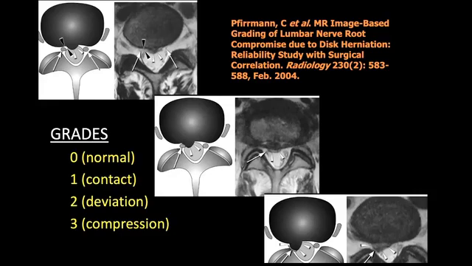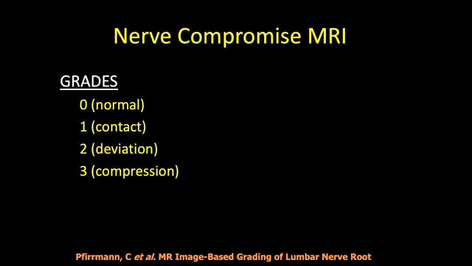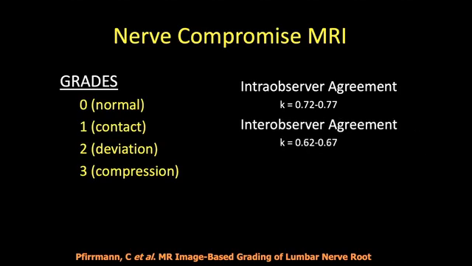Now, is this significant? Well, at least in this one study and some others, they found that this grading system had good inter- and intra-observer agreement, but also had a reasonable MRI correlation. So as you can imagine, compression more significant than deviation or impingement, more significant than contact.